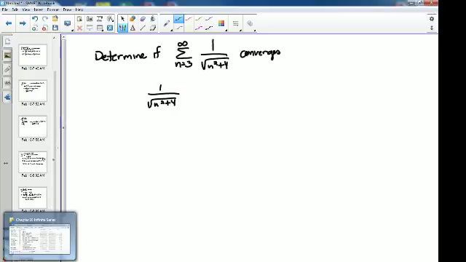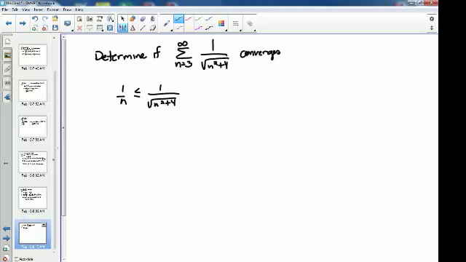Okay, 1 over n diverges. So is that smaller than this fraction? Yeah, because this is like 1 over n plus something. So bigger denominator, smaller number. Oh, bummer.